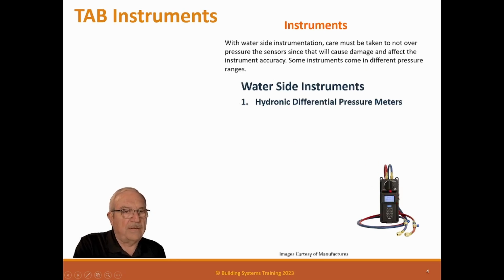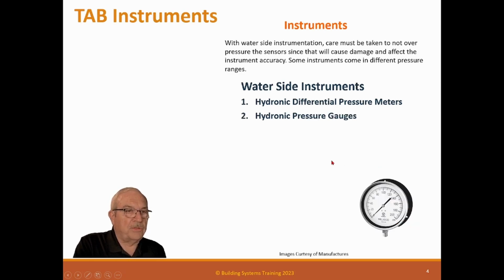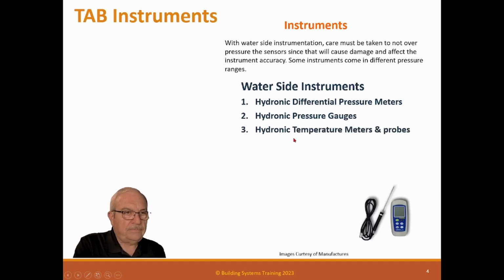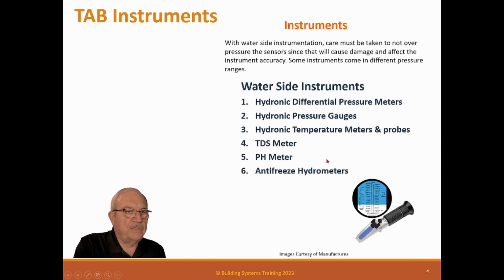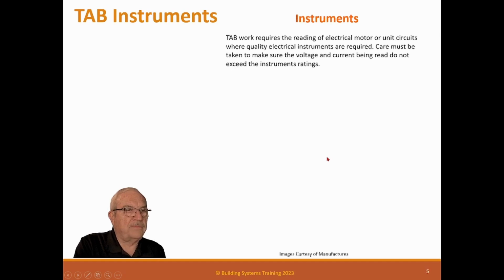Some of them actually have a gauge block built into them, and you need to be careful never to overpressurize a gauge. We have hydronic pressure gauges, and of course you have to buy them in the different ranges that you want. Then there are hydronic temperature meter probes to do water readings, TDS meters, pH meters, and antifreeze hydrometers to tell how much glycol there is in a system.